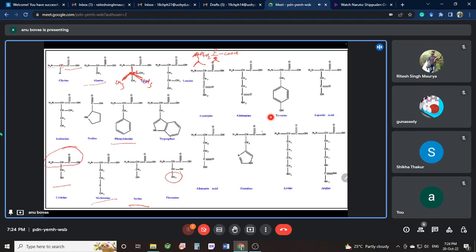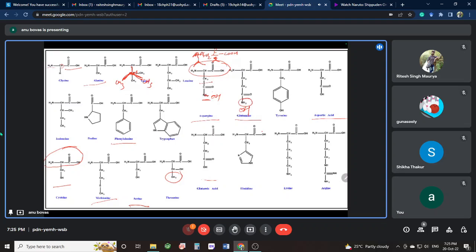If you know asparagine and glutamine, you will know aspartic acid and glutamic acid because this much is anyway the same. CH2, C double bond O, NH2 is asparagine. When it becomes aspartic acid, this NH2 will become OH. Similarly, if you know asparagine, you just add one more CH2 in between and you will get glutamine. And if you know glutamine, you can replace this NH2 with OH and you will get glutamic acid.